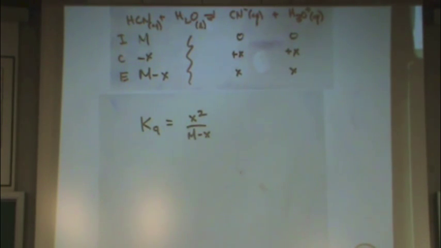K is small. And so what side is favored? The reactants. So is X large or small? X is also small, so we're going to drop this X right there.